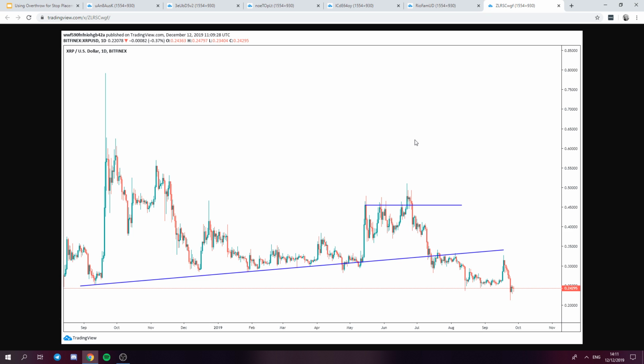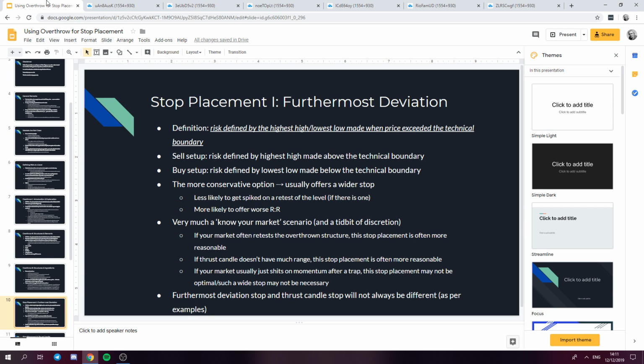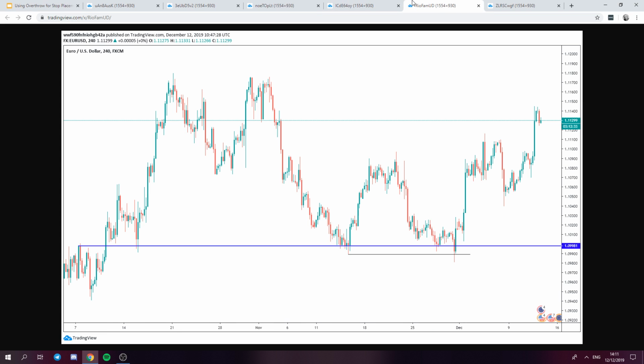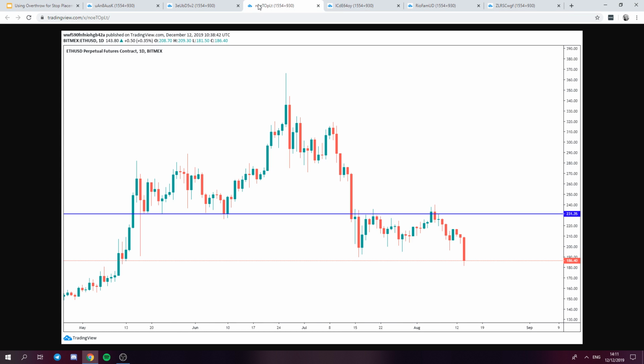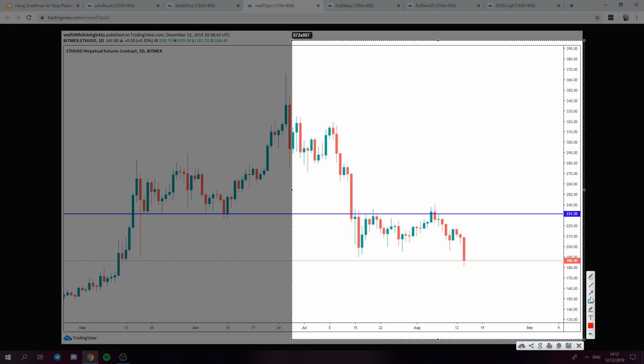And the reason, and I think I talk about it in the next point, yeah, if the thrust candle doesn't have much range, the stop placement is often more reasonable. So a thrust candle really has to be a thrust candle. All of these examples are good, but you'll often get the case that, just for illustrative purposes, let's say this is our level. You've got resistance, resistance, price comes up, does something, breaks down, right?